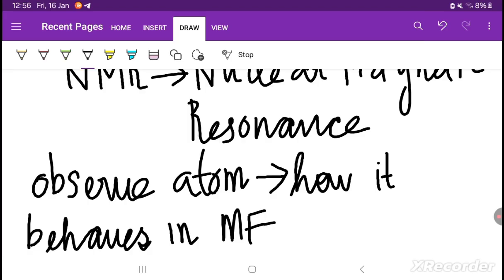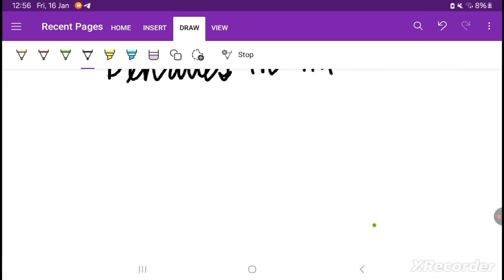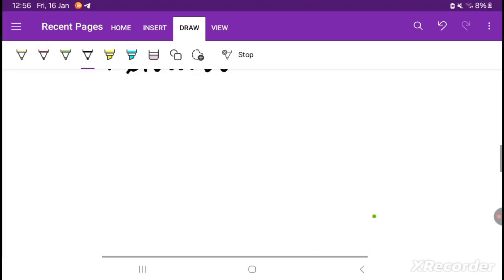It's not the atom, it's how the nucleus of the atom behaves. Okay, how the nuclei of this atom behave in the magnetic field. So this is the basics of NMR spectroscopy. In NMR spectroscopy, it uses radio waves, magnetic field, and also the properties of the nucleus.